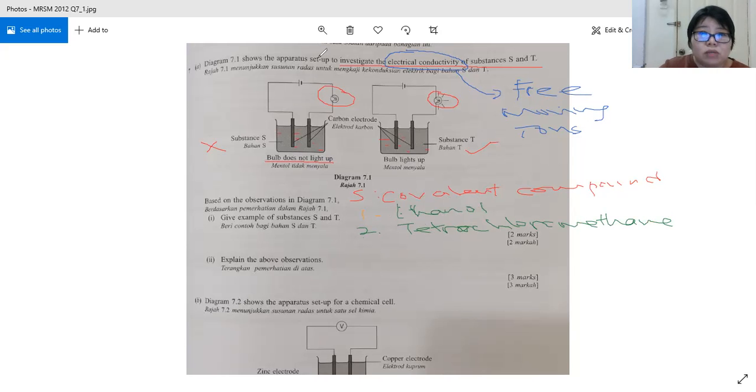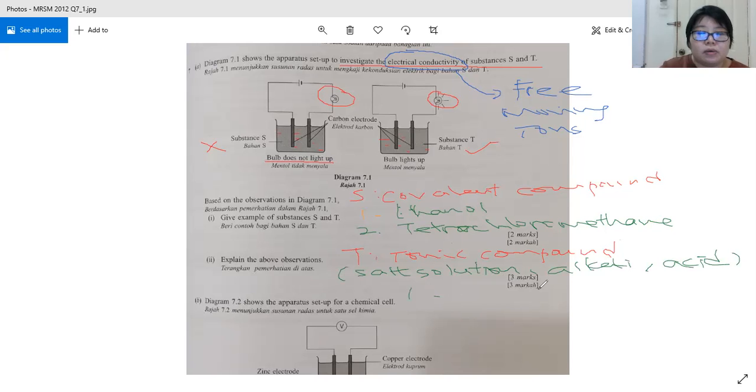Now what about compound T? Compound T, of course, is an ionic compound, any ionic compound in liquid state. Now, your example can be any type of salt solution. I am using the word solution, any alkali or any acid.